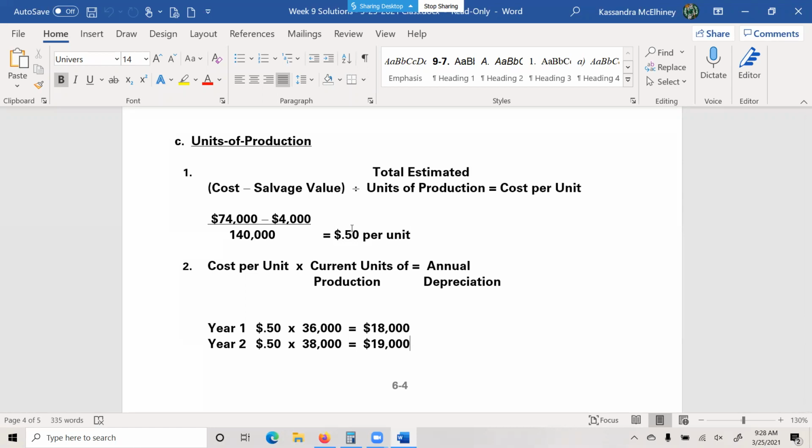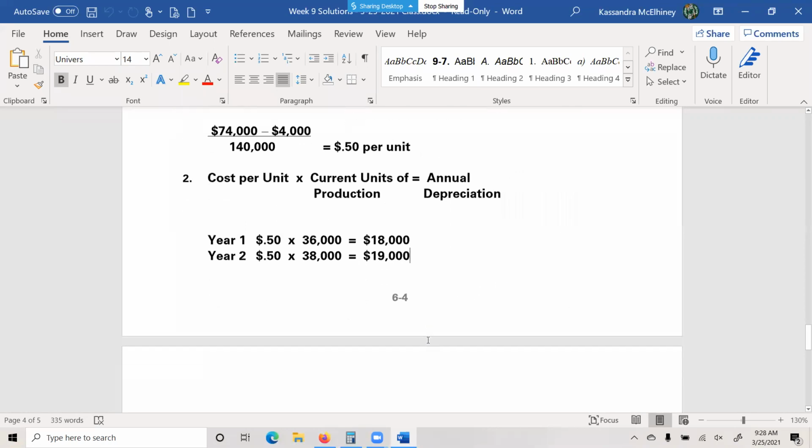The paragraph of data underneath our table tells us that in year two, our machinery produced 38,000 units rather than the 36,000 in year one. So it was used for a little bit more manufacturing than in the year before. So 38,000 units times 50 cents per unit, our depreciation would be $19,000 for year two.